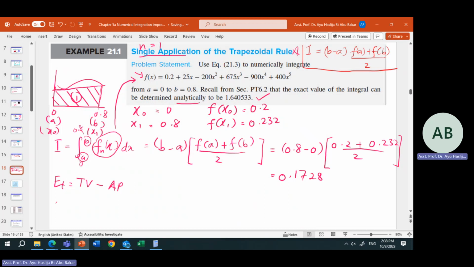If the percentage, as usual, the true error percentage is (true value minus approximate value) over true value multiplied by 100. Try to calculate what you get for Et, not the percentage yet. 1.4677, right?